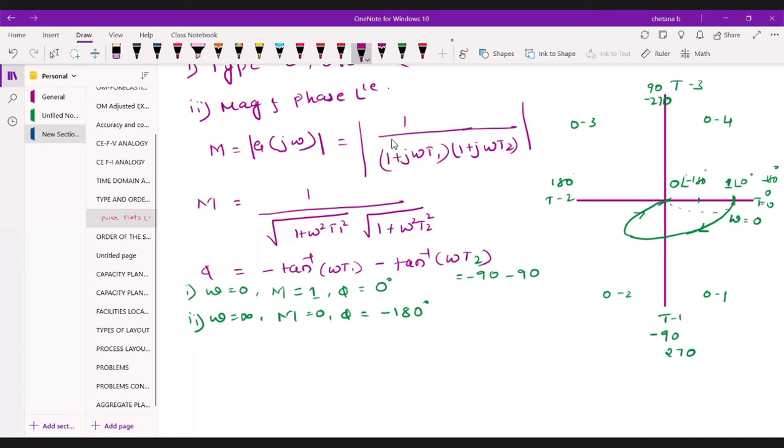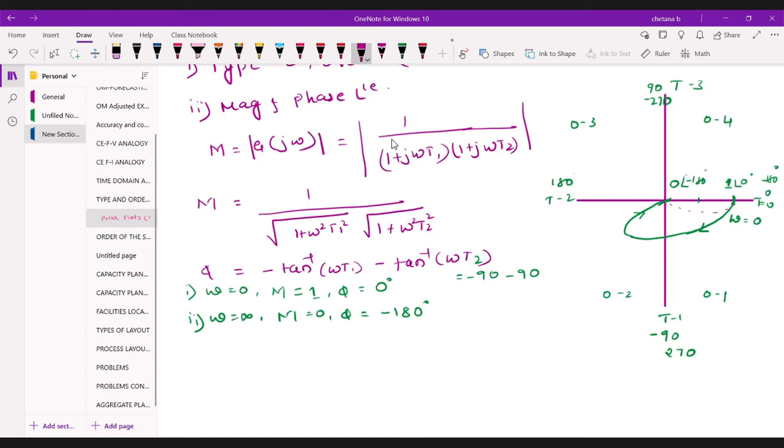Okay, most of the students take this only, but they have a wrong conception that as we have 2 points, I can just take this line here. No, you will have to go to the order 2 and come back to the first line of the type 0. So you have omega is equal to 0 here and omega is equal to infinity here.